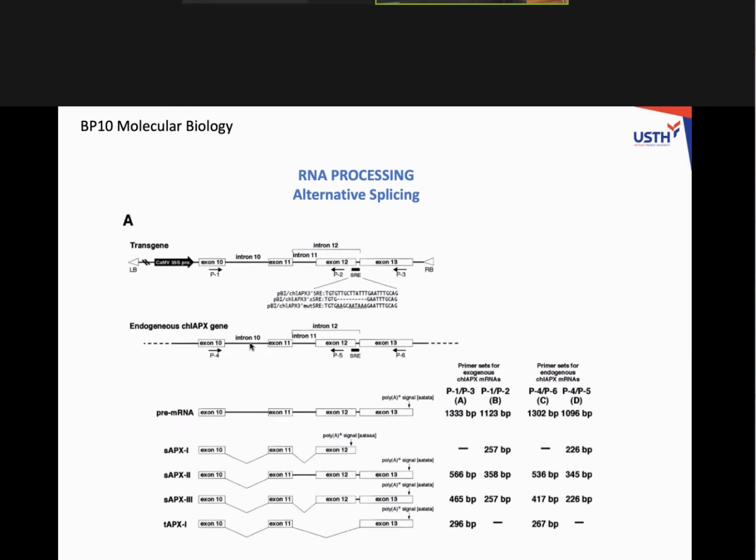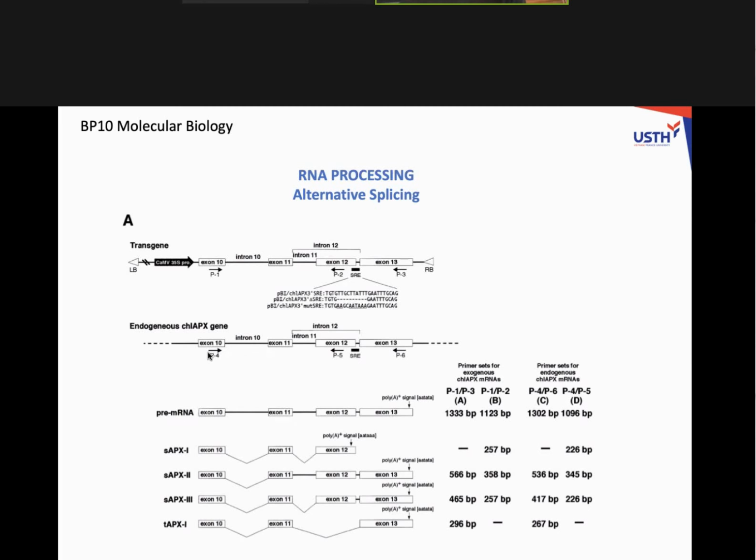What is happening is that once this gene is transcribed by Pol2, so it's a classical Pol2 gene, the pre-mRNA, the hnRNA, is composed of all the introns and all the exons. Once the splicing occurs, there are two main versions of the processed RNA that are produced.